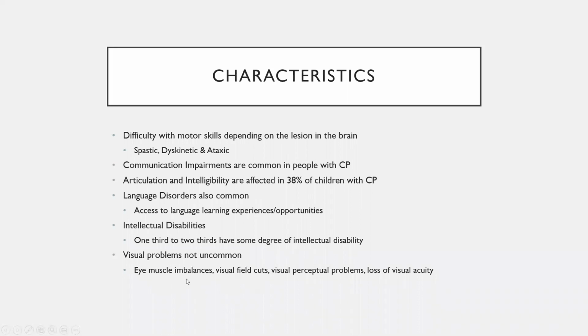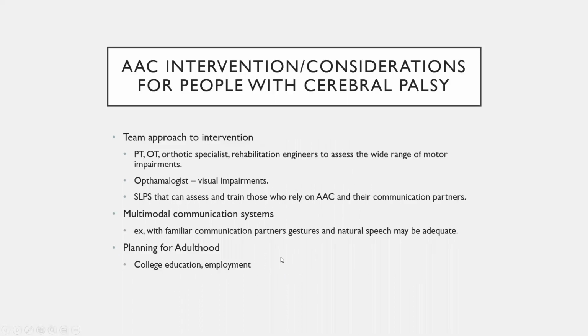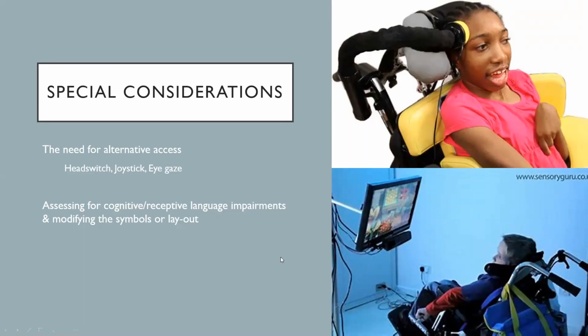So if a user does have a visual issue, whether it's an eye muscle imbalance or loss of visual acuity, anything along those lines, they might not be a good candidate. But this is certainly an alternative way to access and make selections other than using your hand and arms if you do have a motor movement disorder.